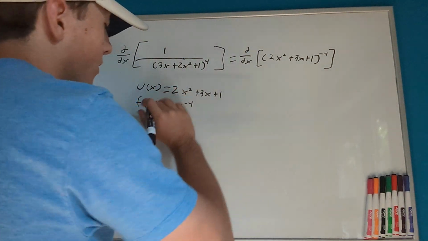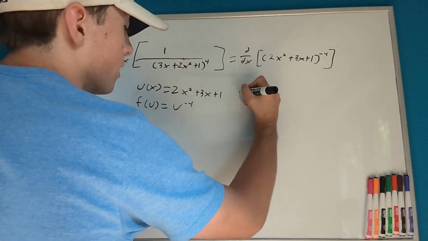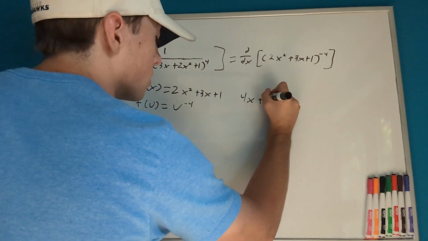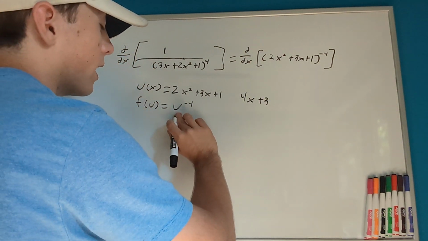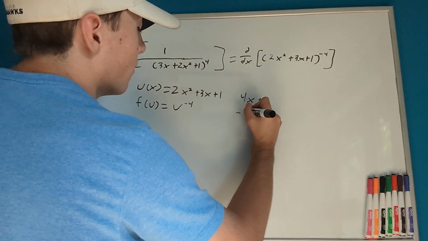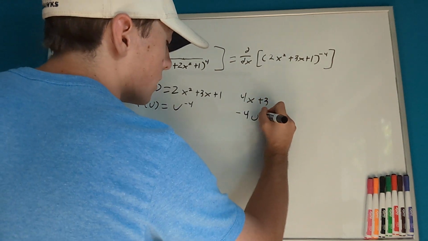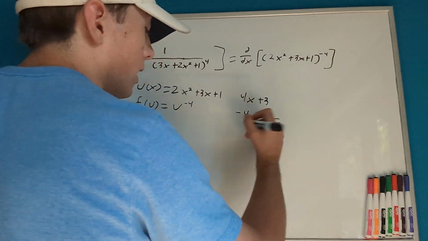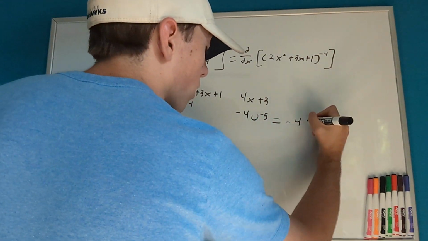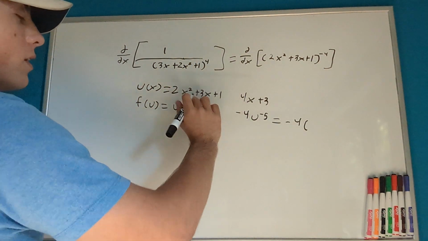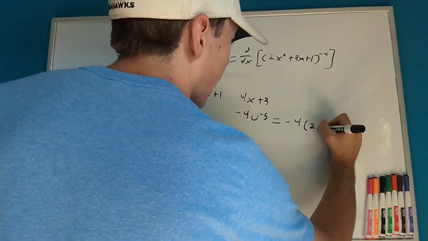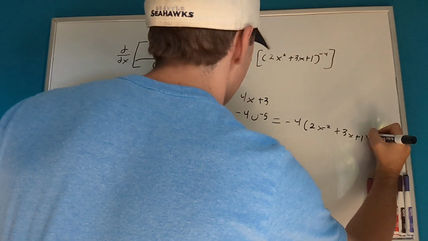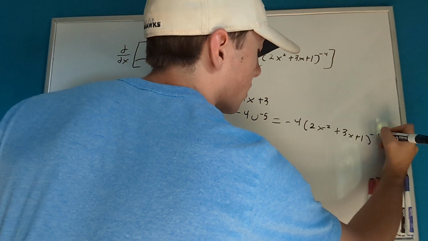So the derivative of this is what? 4x plus 3 again, and the derivative of this is negative 4u to the negative 5. So then this whole thing equals negative 4u, where u is this up here, 2x squared plus 3x plus 1, to the negative fifth.